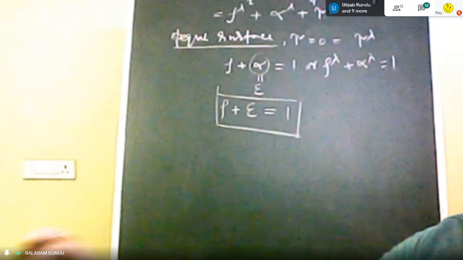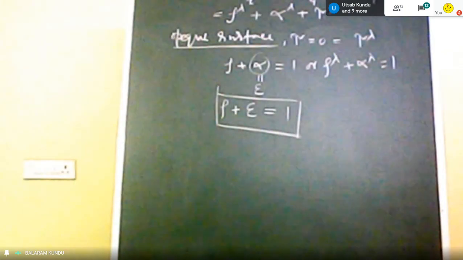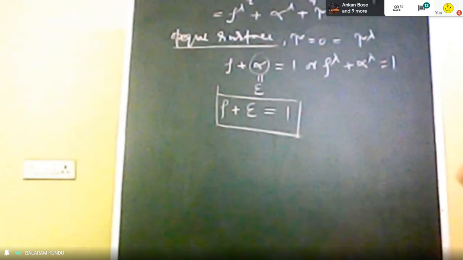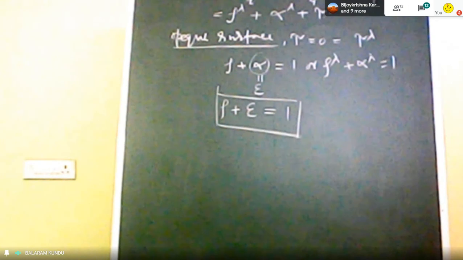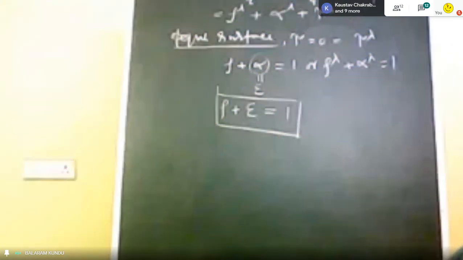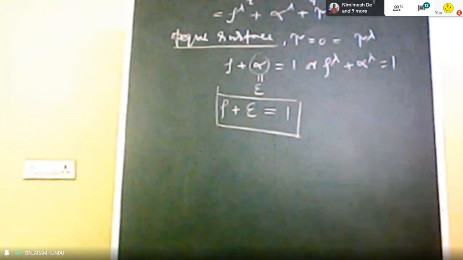So that should be mentioned. That is called emissivity. For a black body emissivity equals 1, since numerator and denominator are the same, and for a real body emissivity is always less than 1.